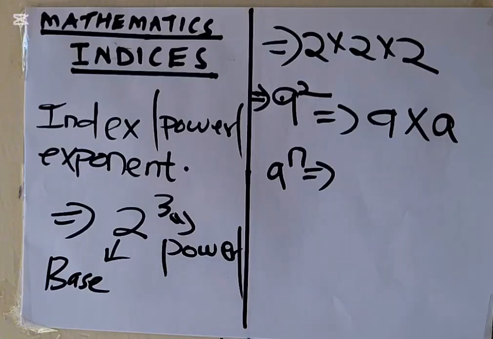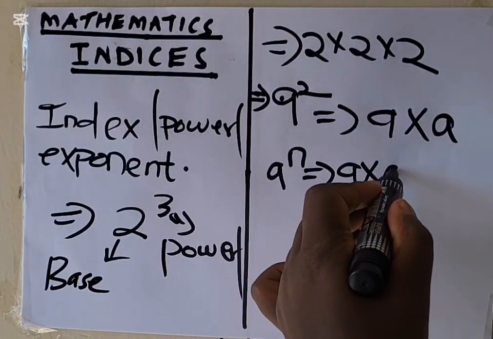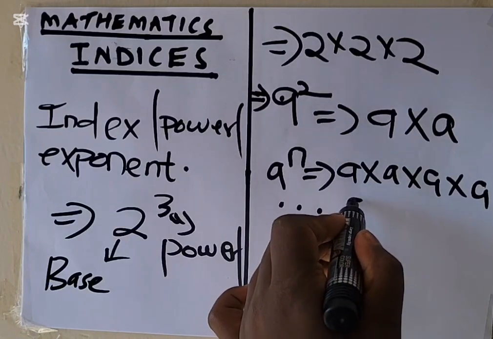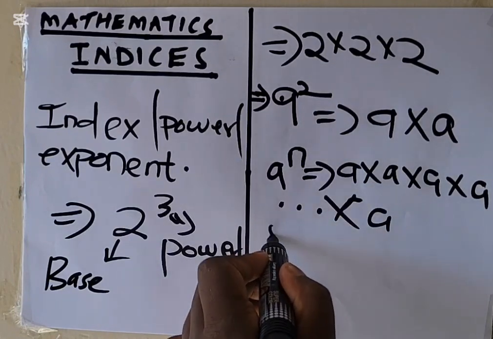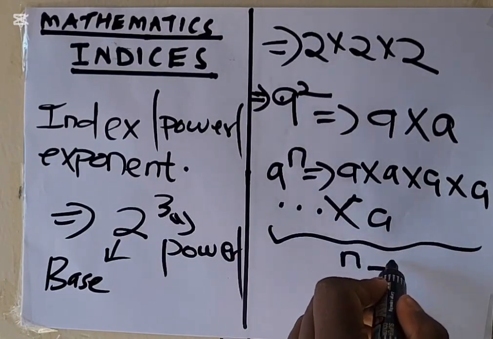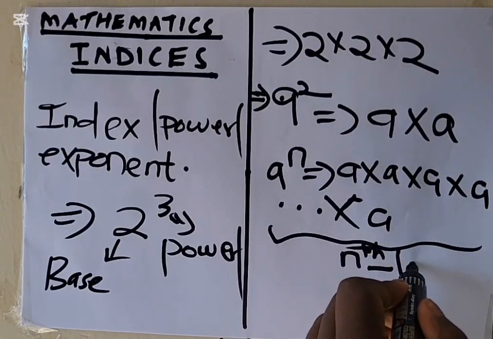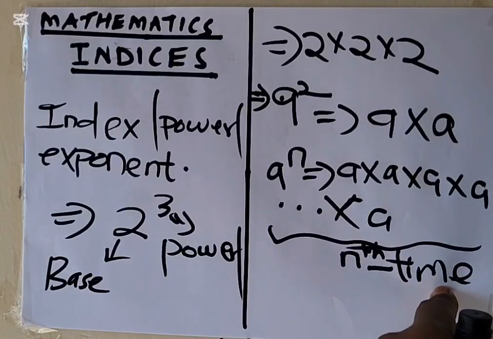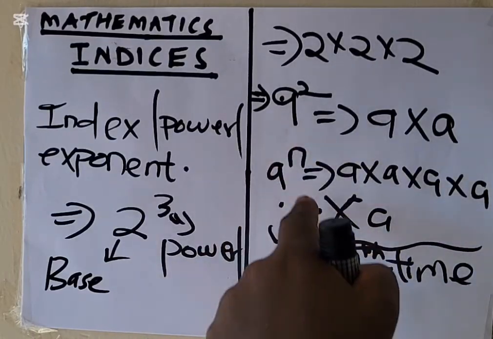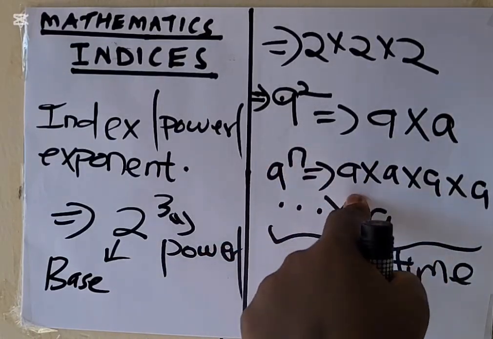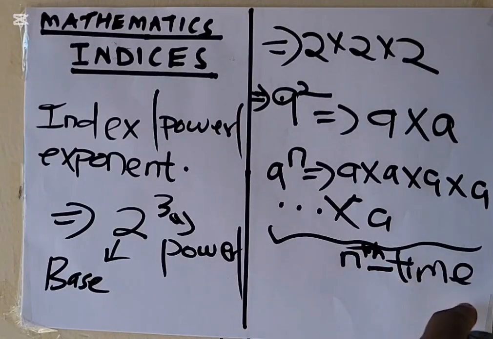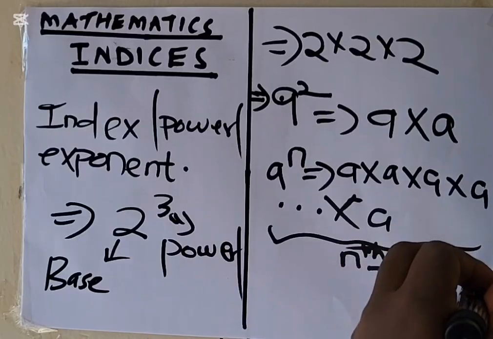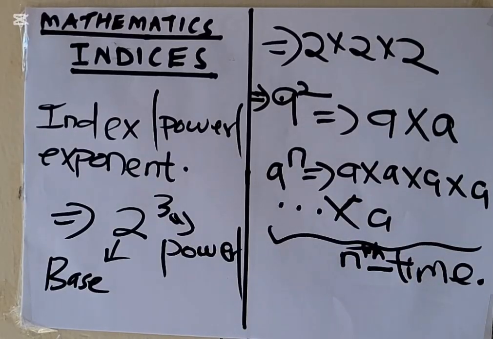It means A times A times A times A, all the way up to the nth time. This is the power which is here. We do not know how many times, so it is A times A times A until we get to the nth time. I hope we are together up to that point.